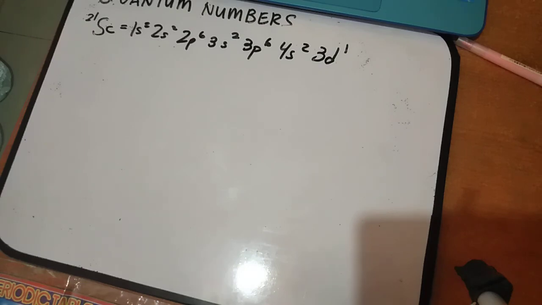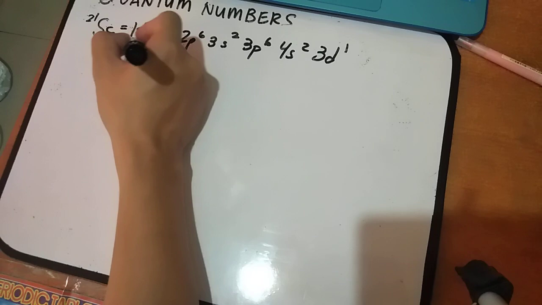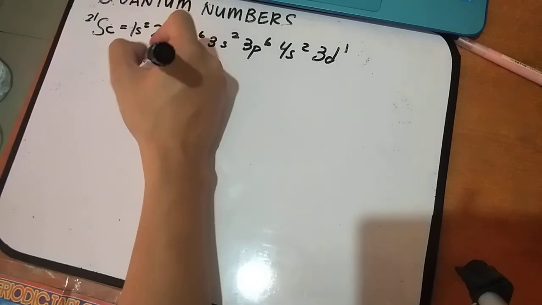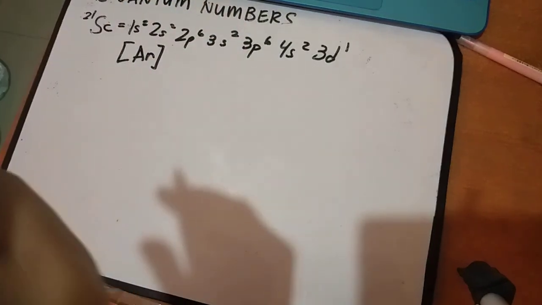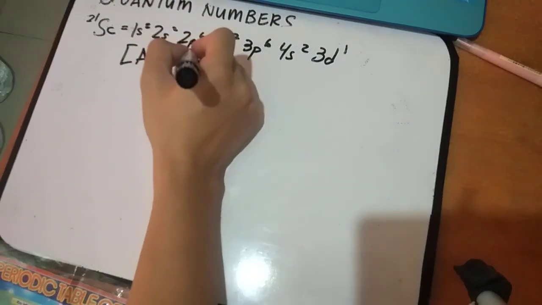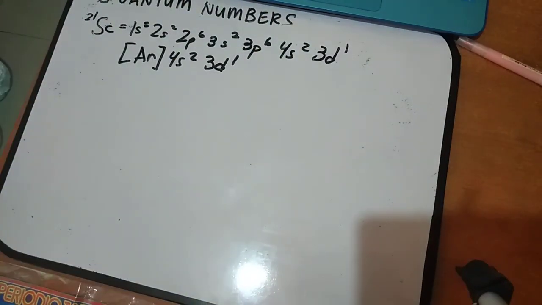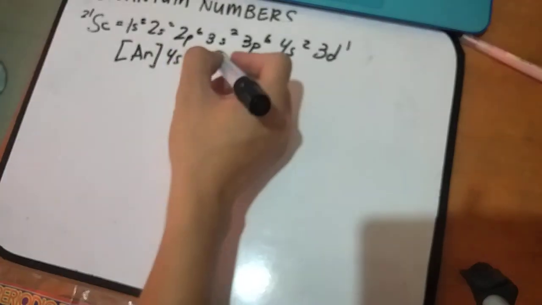Okay? So, ayan na po. Itong configuration. So, if you would do the shorthand method, it would be Ar, the last configuration. 4s2, 3d1. So, di ba nga sabi ko, focus tayo dun sa last.